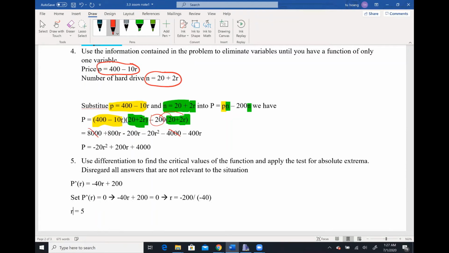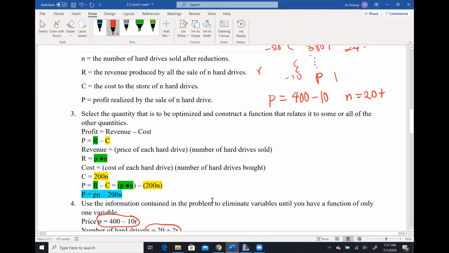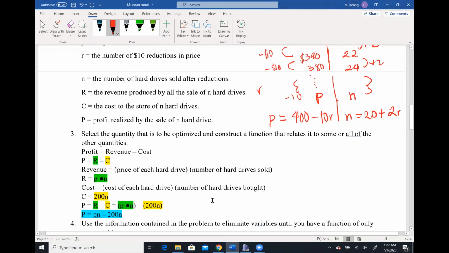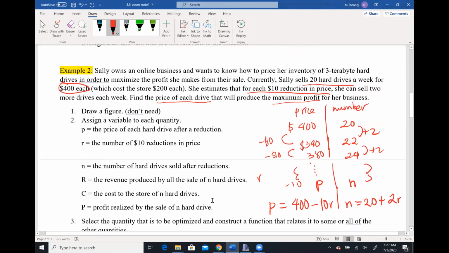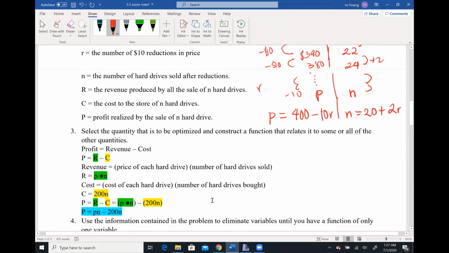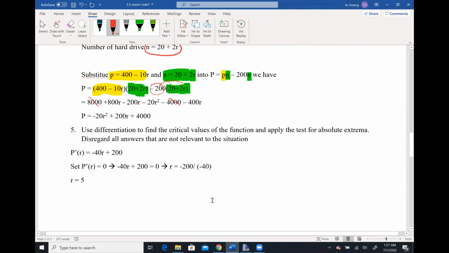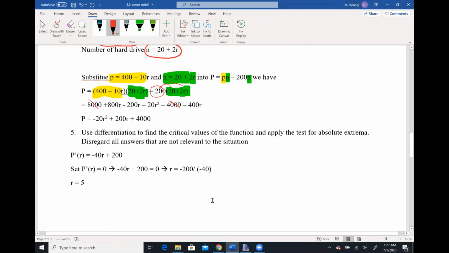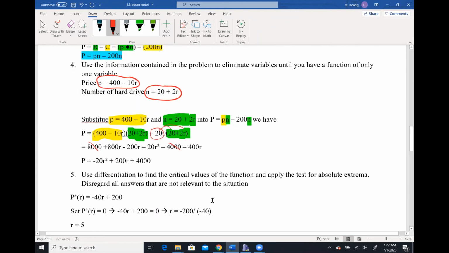Okay, so the R in here is a reduction of $10, the number of reductions. But what we are looking for is the price of each drug that will produce the maximum profit. So even though we have R equal to 5, I need to know what the price is.